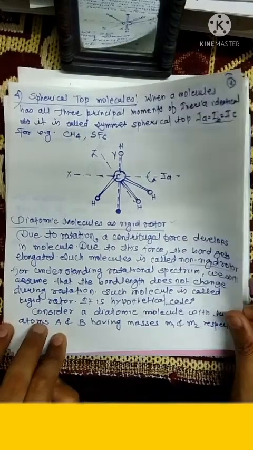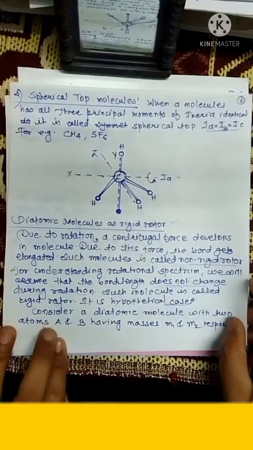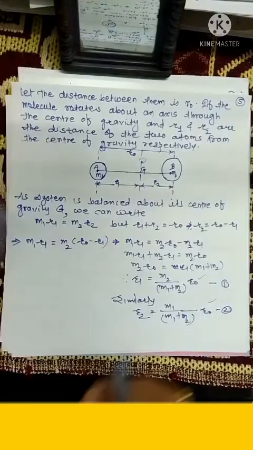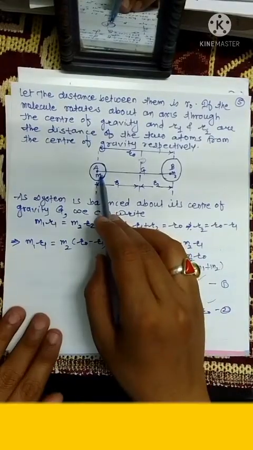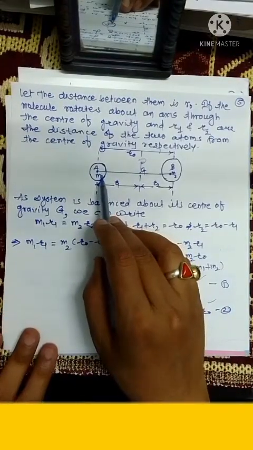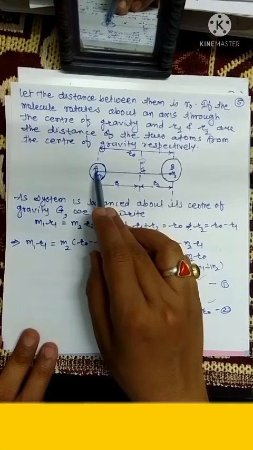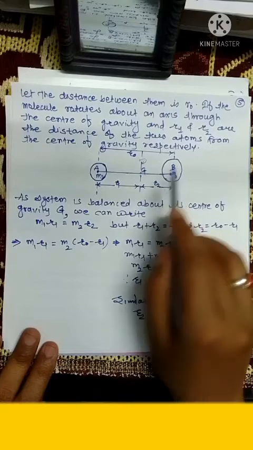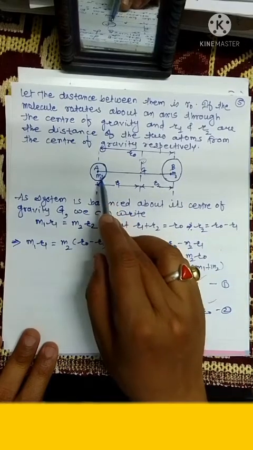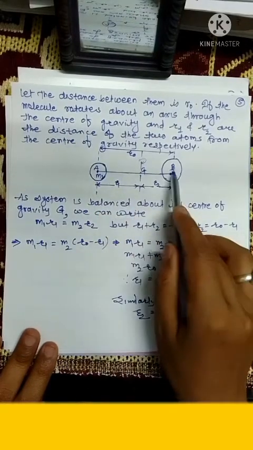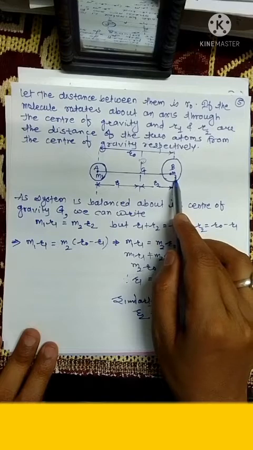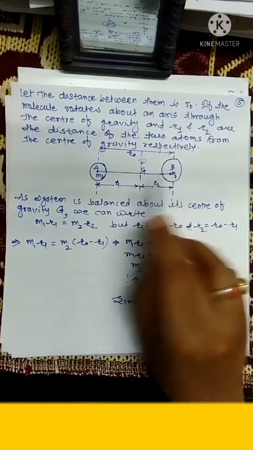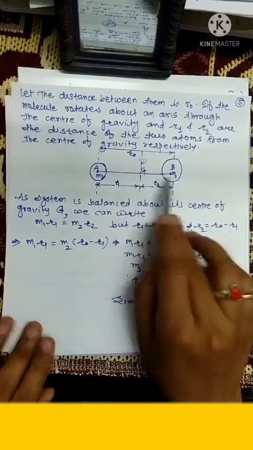Consider a diatomic molecule with the two atoms A and B having masses m1 and m2 respectively. So just see here, this is your atom A, this is your atom B. Atom A has atomic mass m1, atom B has atomic mass m2, and it is a diatomic molecule.